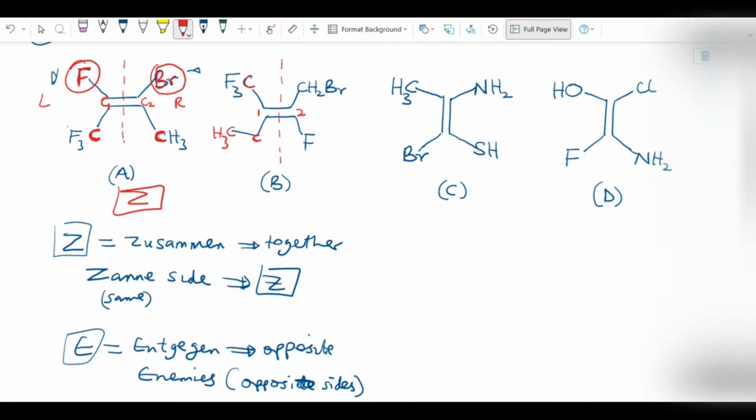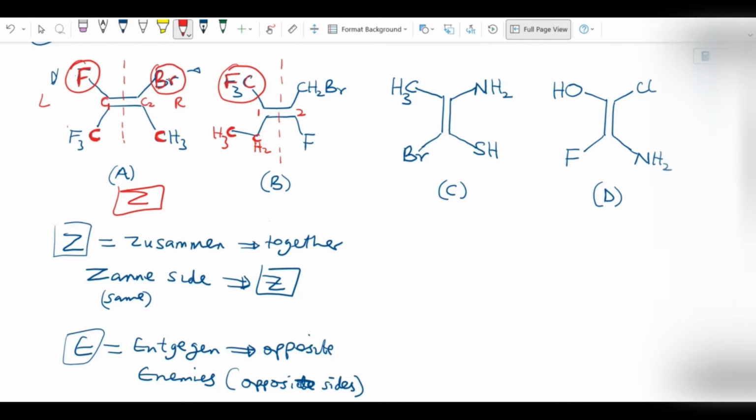Because there's a tie, we'll go to the next atoms. The next atoms here are fluorine, and the next atom here is carbon. Fluorine has a higher atomic number than carbon, so we'll make that group the priority group.